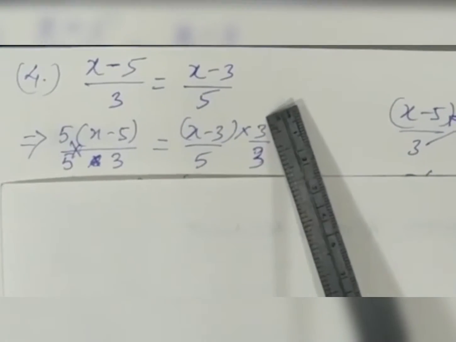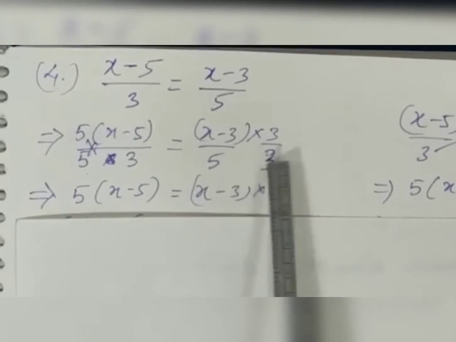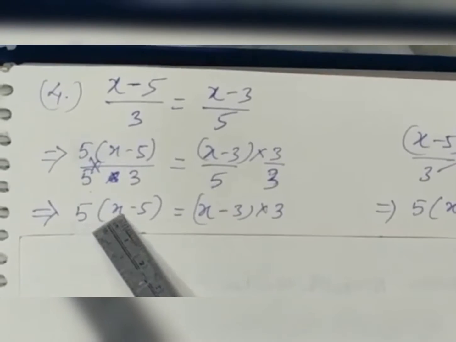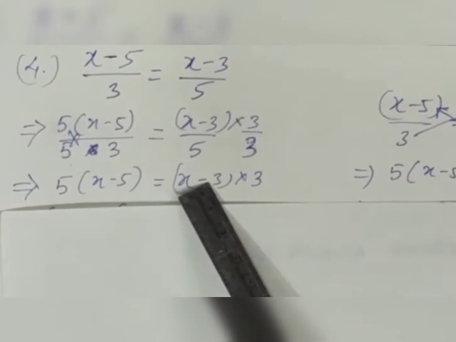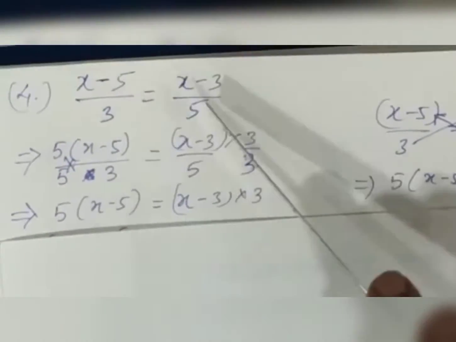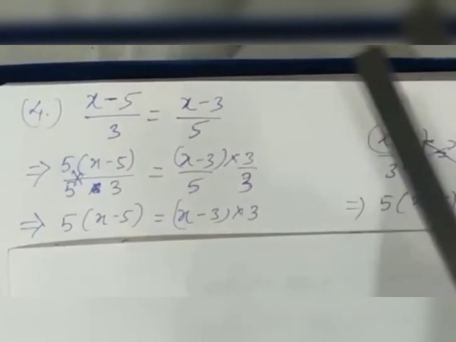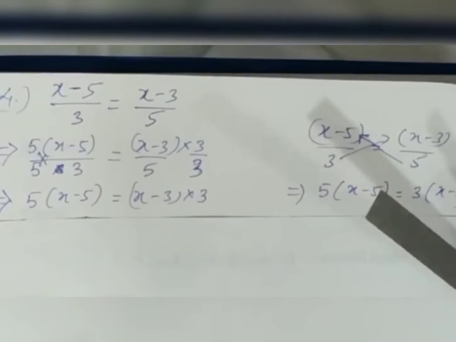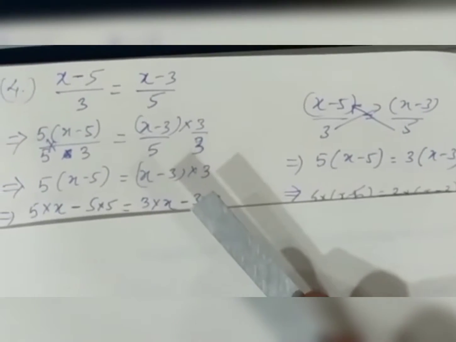Now the denominators cancel out and only the numerators remain: 5 into x minus 5 is equal to x minus 3 into 3. That comes by cross multiplication of x minus 5 by 5 and x minus 3 by 3. Now I think you can understand this. If you have any problem, you can comment.